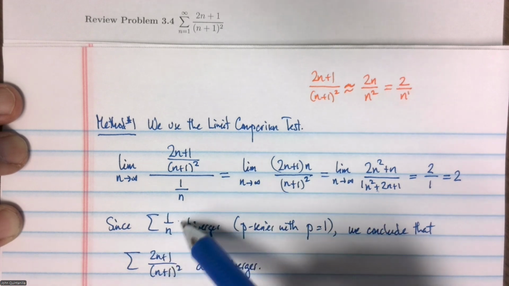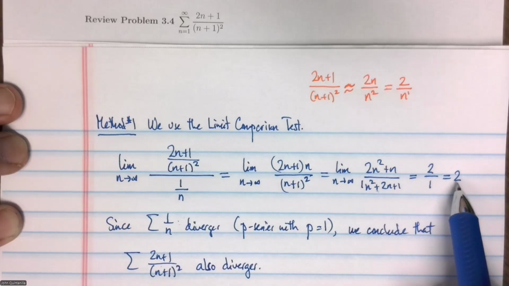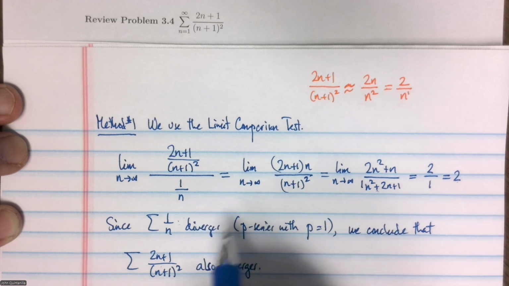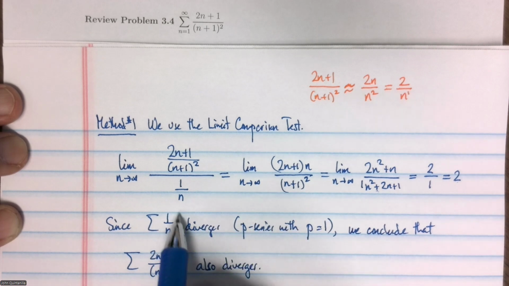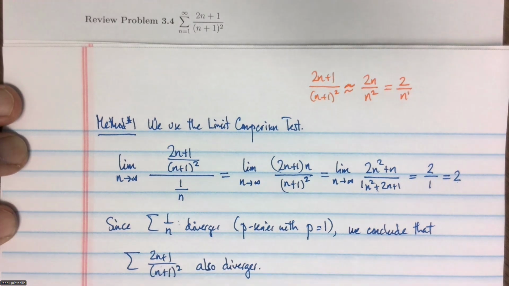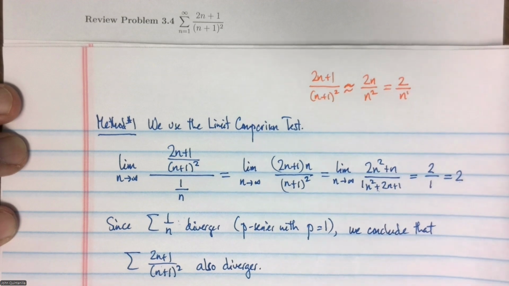So these both converge or both diverge because this answer here is somewhere between 0 and infinity. And in this case, the series involving the denominator diverges, and therefore the series involving the nth term also diverges. Okay, so that's method number 1.